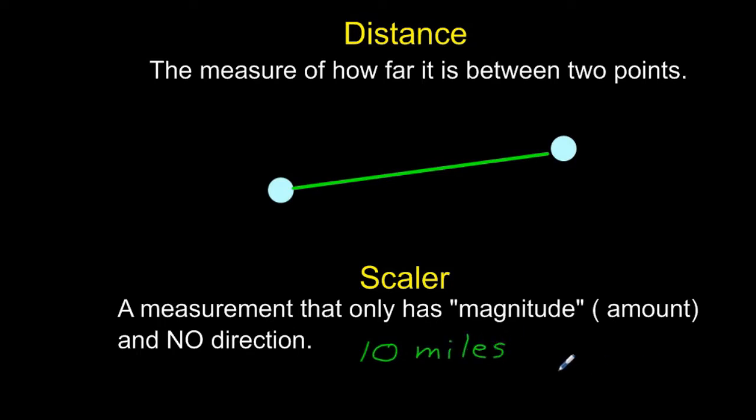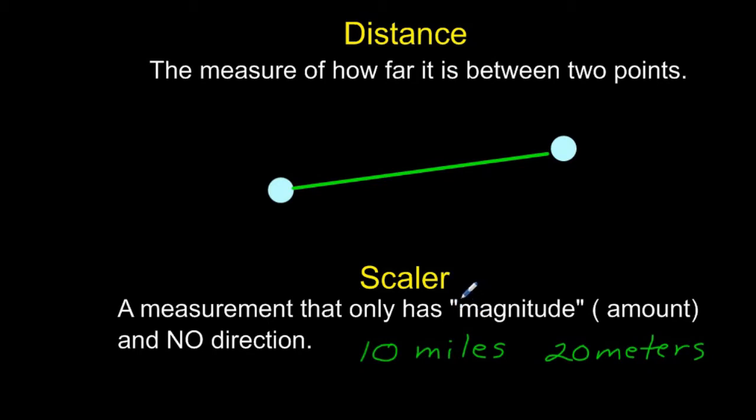No, it doesn't. It only tells you how far. If I were to tell you that I threw the ball 20 meters, does that tell you what direction I threw the ball? No, it does not. It only has amount or magnitude, and we call those types of measurements scalar. Distance is a scalar measurement.